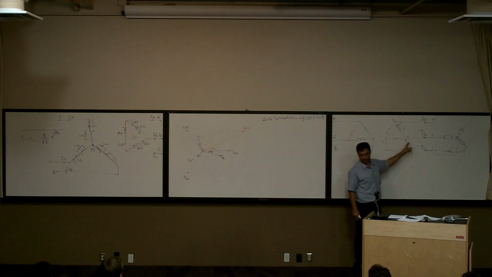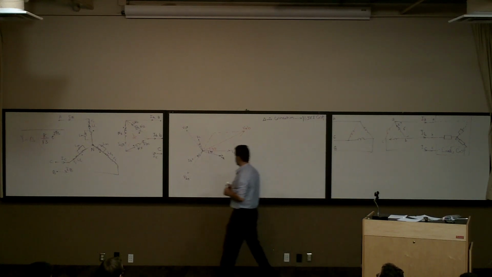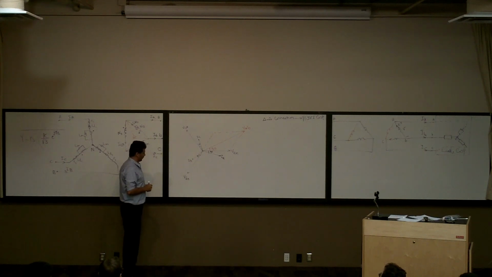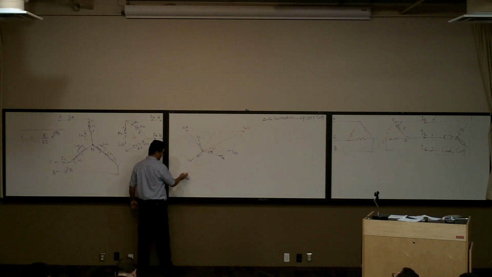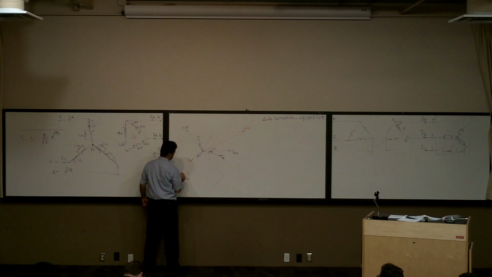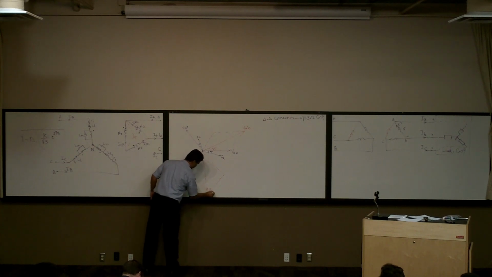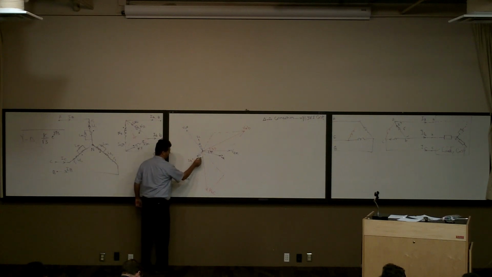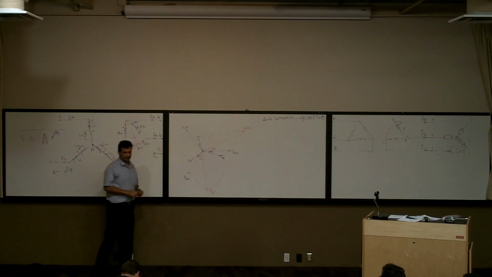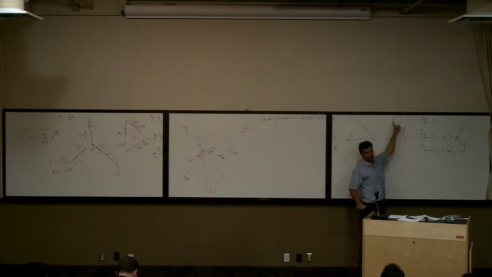How about this one? I should calculate VCB. The current is going this way, so I should calculate VCB. Where is VCB? Let me draw the VBC first. VBC is going to be VB minus VC. This is the VBC, and again this is 30 degrees. What is VCB? Just look here. This is the source.